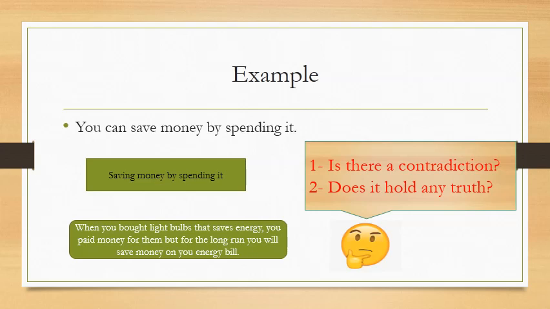The second month you're going to save more. The third month and so on, you're going to save more and more. Let's say you paid $10 for those light bulbs, but in the long run, a few months later, you'll be saving 20, 30, 40, and even more, maybe $100. So this is an example of saving money by spending it.